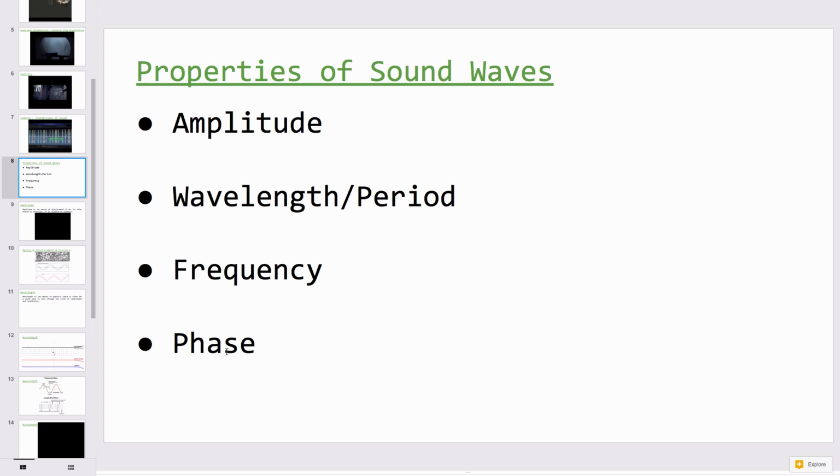And then we talked about phase, which is rather than a property, kind of an element of sound. It's where you are in the cycle, and that could be important when you're talking about different sound waves being relative to each other. Depending on where they are in the cycle, they can add together or cancel each other out.